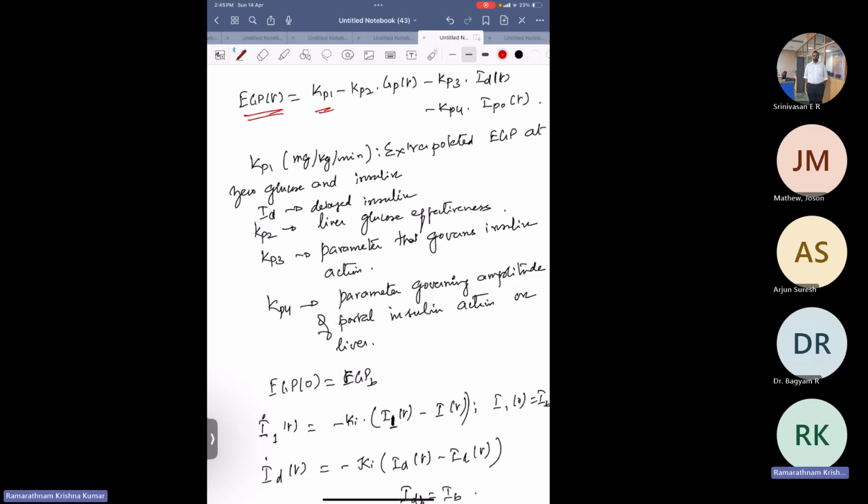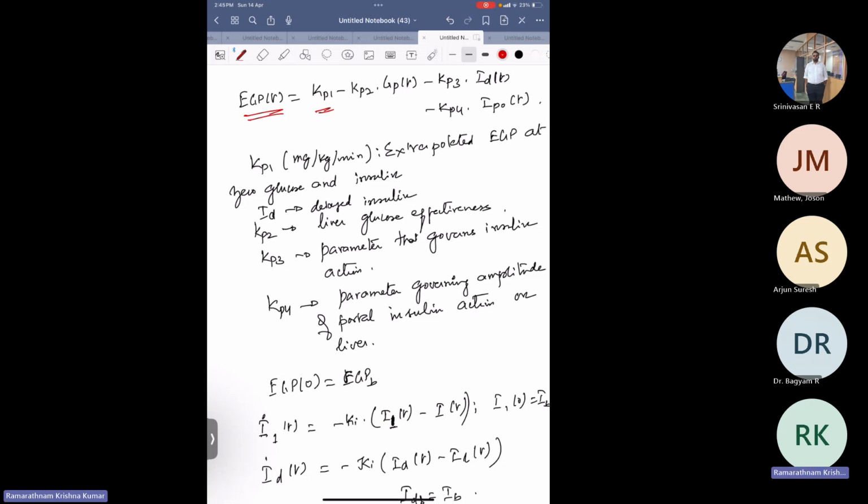When there is no glucose and insulin, in other words, nothing is there, this is the maximum that can happen. There is nothing there, and we have endogenous glucose production. That's the maximum.